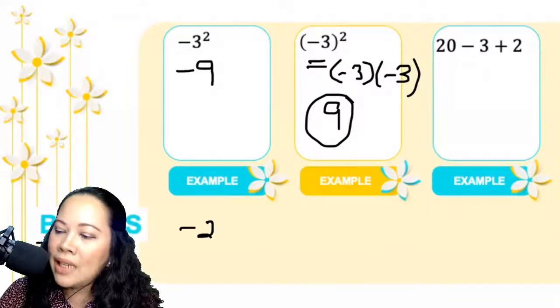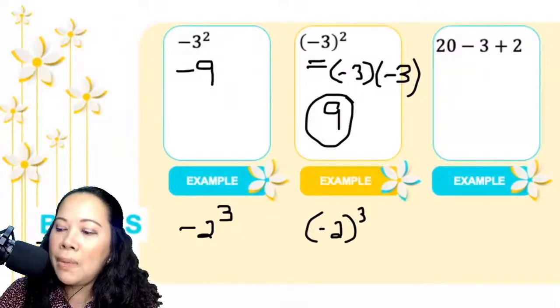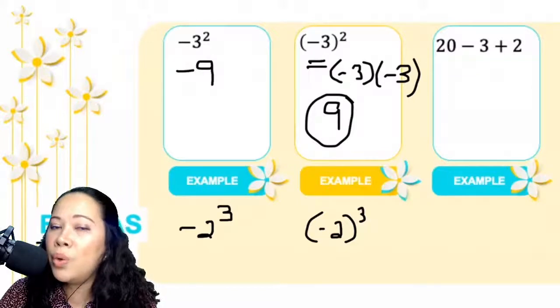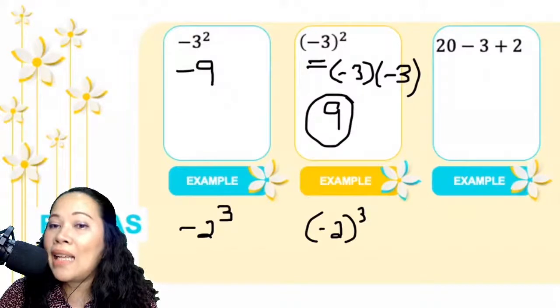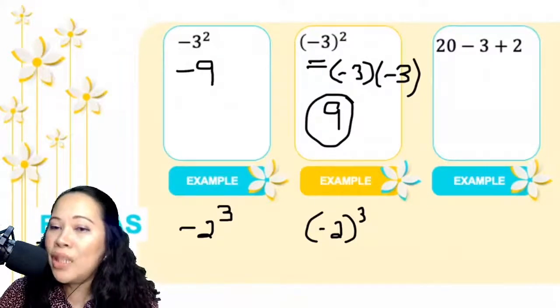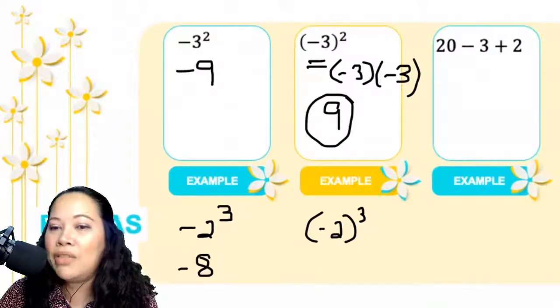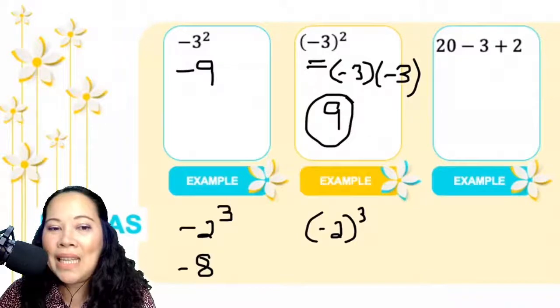So let's say negative 2 to the power of 3, and a bracket of negative 2 to the power of 3. Because of the rule of order of operation, the power comes first before the negation. So 2 times 2 times 2 is 8, and then you place the negative, so minus 8.